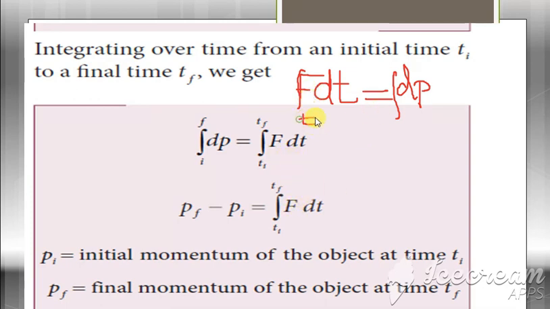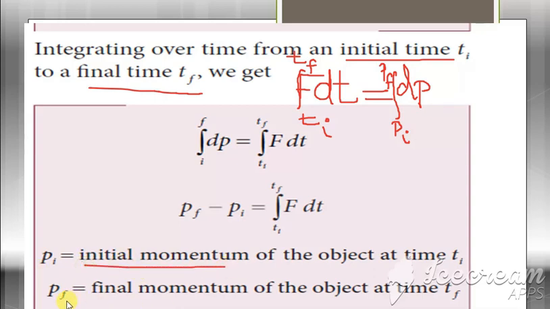Here we apply the limits ti and tf, where ti denotes the initial time and tf denotes the final time. In the same way here we write Pi and Pf, where Pi denotes the initial momentum and Pf denotes the final momentum.